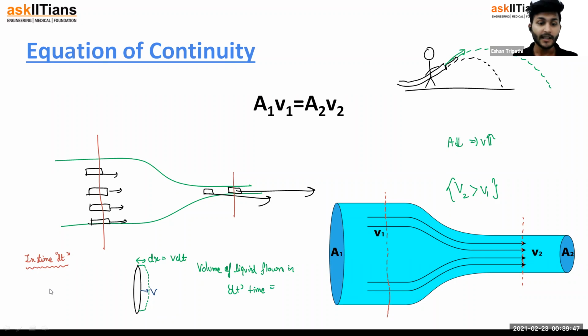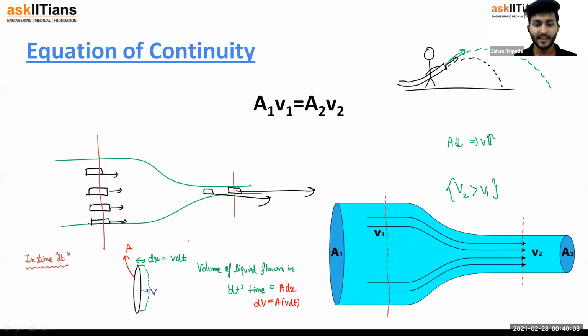That volume is going to be the cross-sectional area of this part, let's call it A, multiplied by the width of it. That's A into dx. That is A into v dt. So small volume flown dV is A v dt.